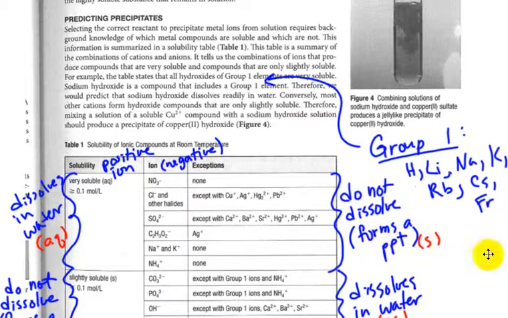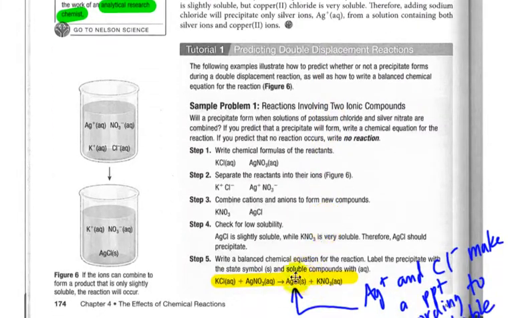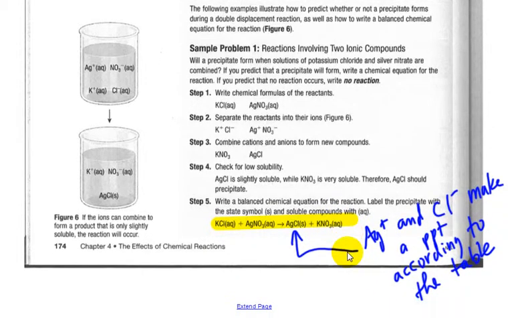It forms a precipitate. It is solid. So we would write that equation like this. Silver chloride as solid, and potassium nitrate, it doesn't react. It's just simply aqueous. So don't forget, the physical states are important with these ones, so you can see which one is the solid. Okay?